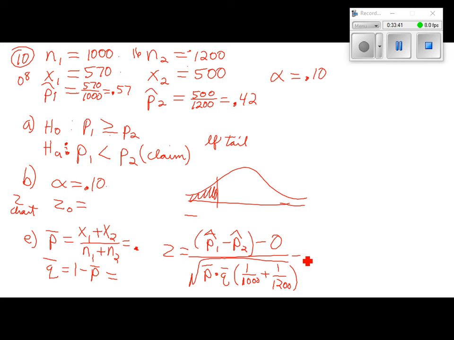Plug all that in there. Once you figure out what that Z is, check up here, see where it falls. And for part F, again, my letters are wrong. You decide whether to reject or fail to reject.